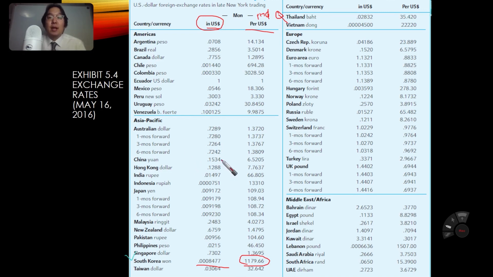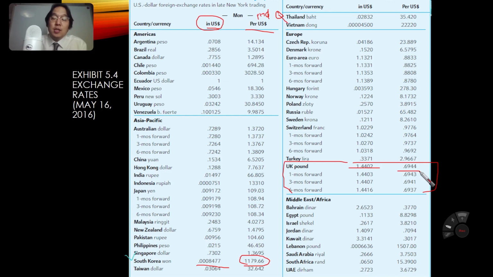And likewise it goes. You see British pounds. So the direct quote of British pound is 1 pound is 1.4402 US dollars.